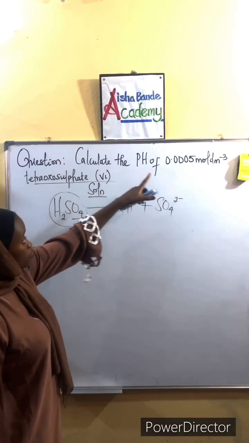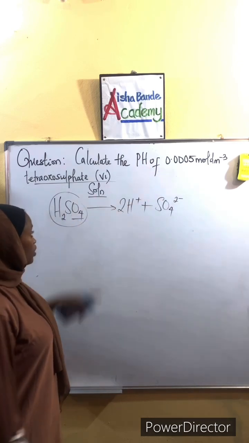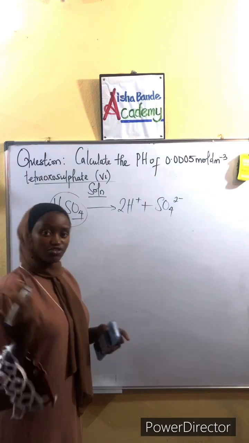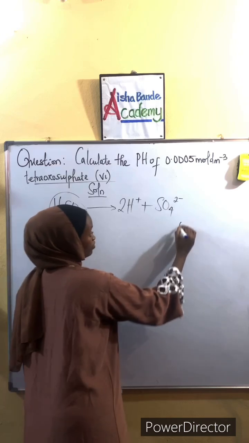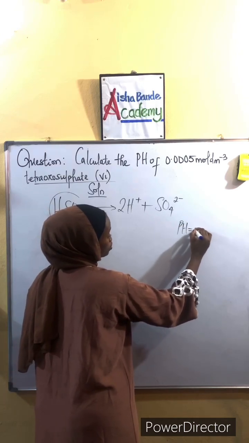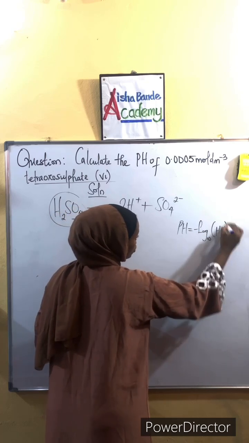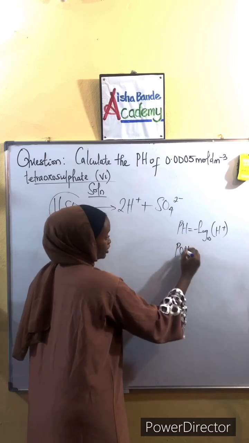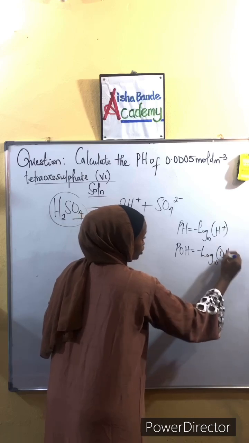Since we are asked to calculate the pH of this compound, let's bring out the four formulas I stated in the previous class. pH is equal to negative log base 10 of hydrogen ion, and pOH is equal to negative log base 10 of OH minus.